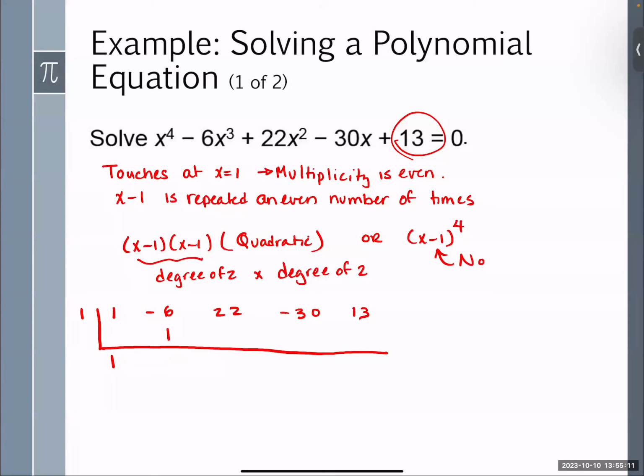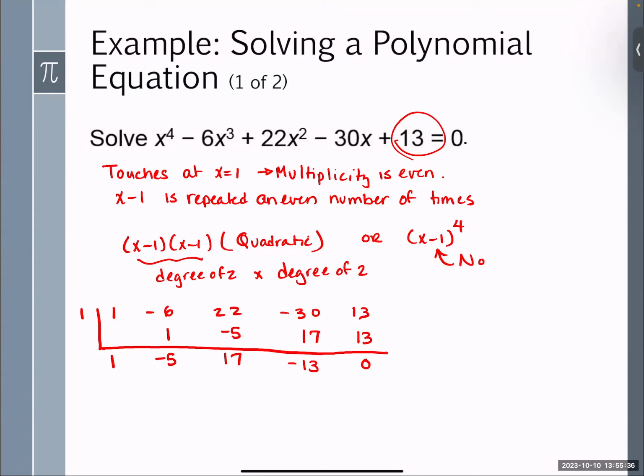Negative 6 plus 1 is negative 5. Negative 5 times 1 is negative 5. Write that in the third column. Add 22 and negative 5, that is 17. 17 times 1 is 17. Write that in the fourth column. Negative 30 plus 17 is negative 13. Negative 13 times 1 is negative 13. The remainder is 0, which is exactly what I expected.